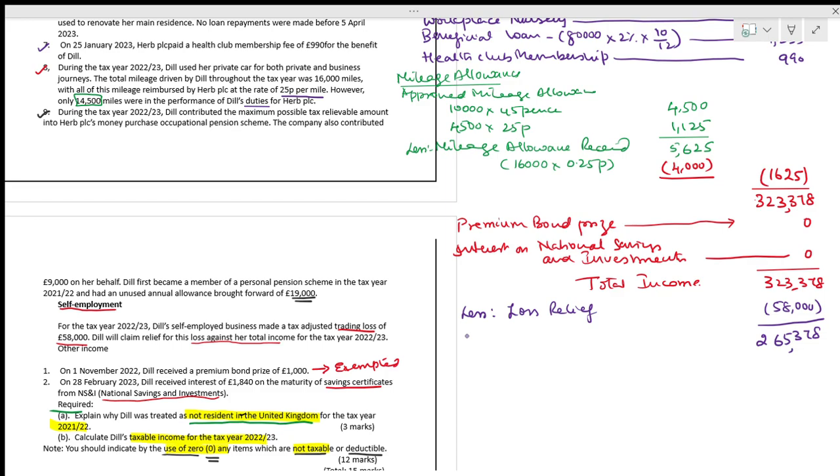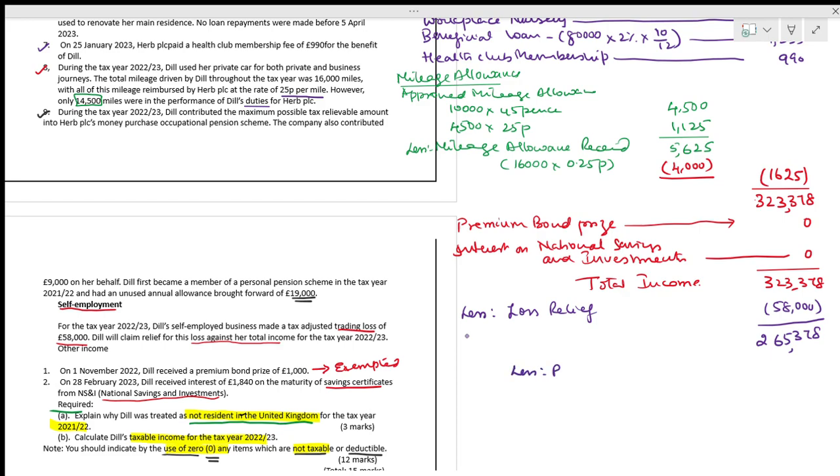Now, because the income is exceeding 125,140, the personal allowance will be 0. Okay, the adjusted net income is more than 125,140.